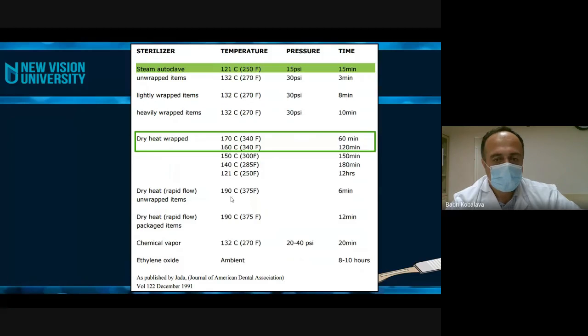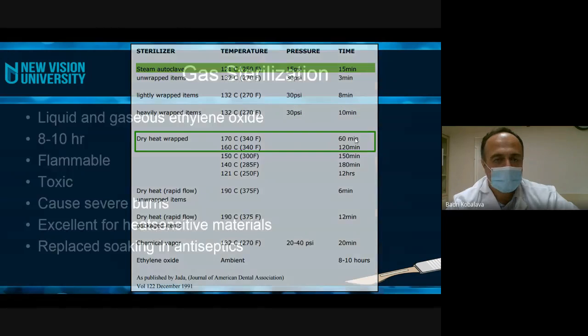So please remember 2 parameters of sterilization. Steam sterilization parameter is 121 degrees Celsius and 15 minutes. And the second parameter is 170 degrees, 60 minutes.